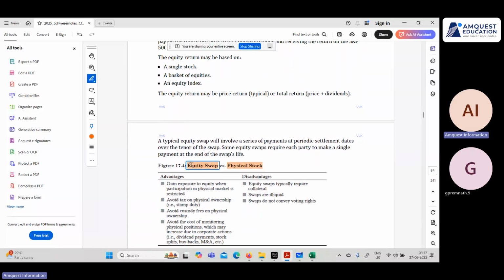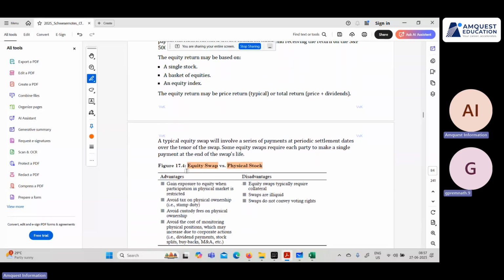So what they're saying is, when I get into an equity swap, I'm obviously getting an exposure to equity. What they're contrasting is buying a stock to get the equity exposure versus getting into a swap to get the equity exposure. How different are they?